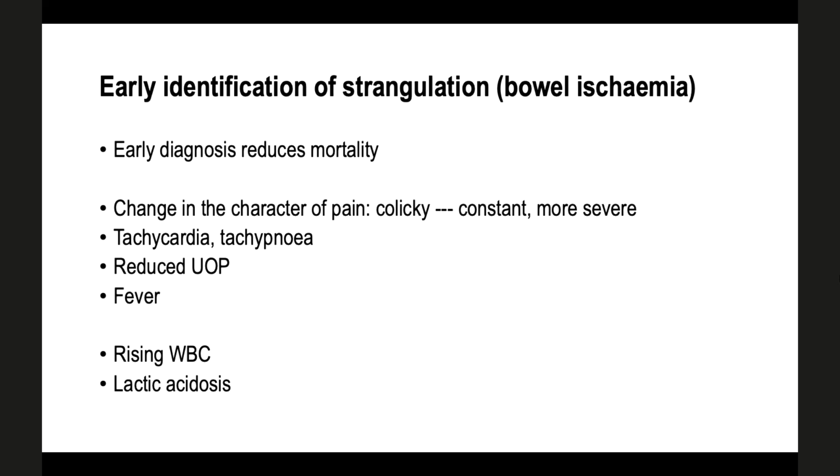So that also you need to know. Again, if you suspect that there is bowel ischemia, you need to go and operate on these patients, because otherwise you might lose them. And these are some of the ways in which we identify that the patient might have strangulation or bowel ischemia.